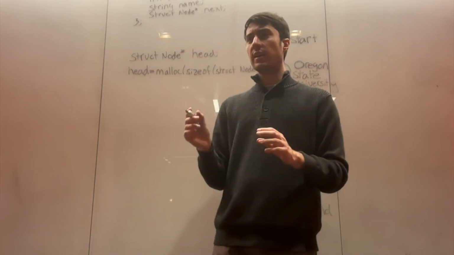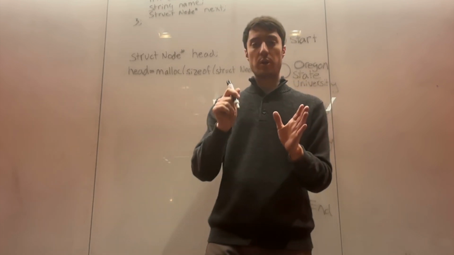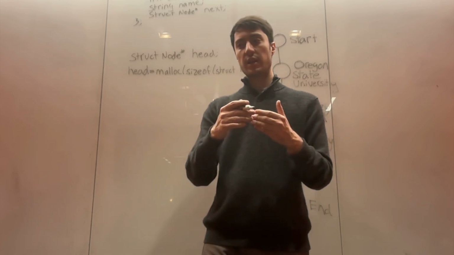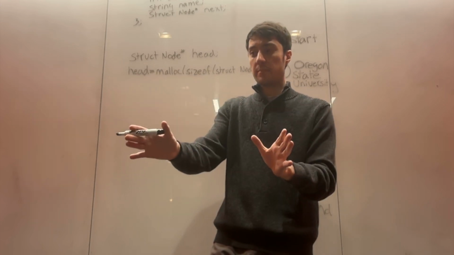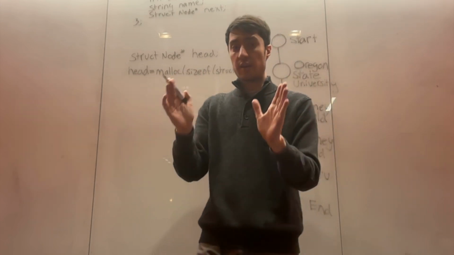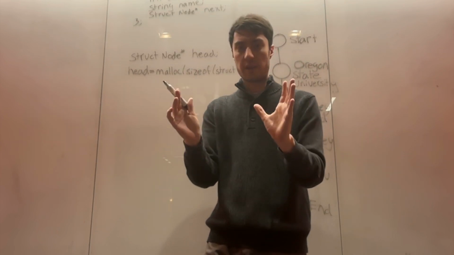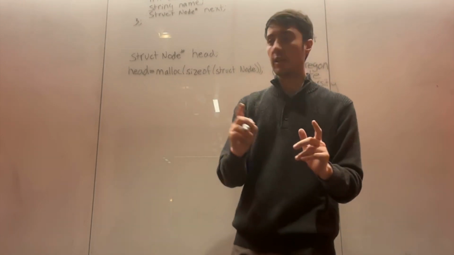Therefore, we can't just allocate memory immediately when we are compiling the code. We need a way to say, okay, computer, find memory and allocate enough memory to create something. Now, what do we want to create? How much memory should I allocate?